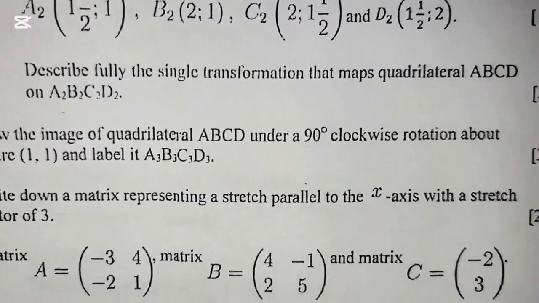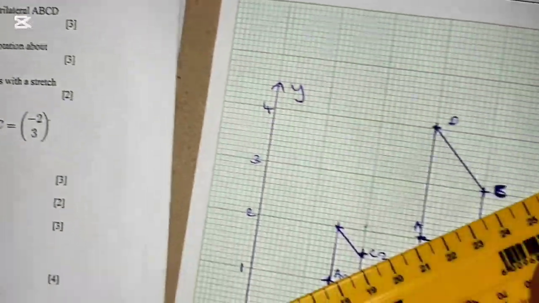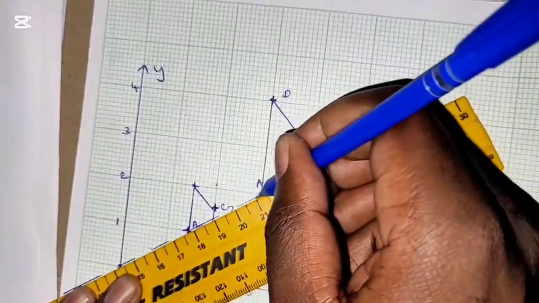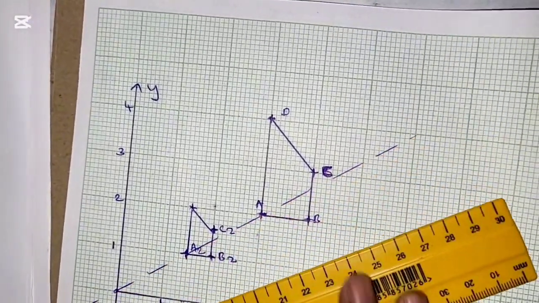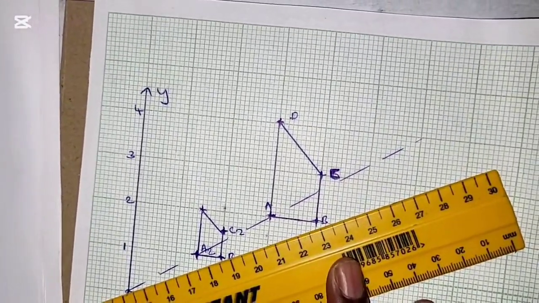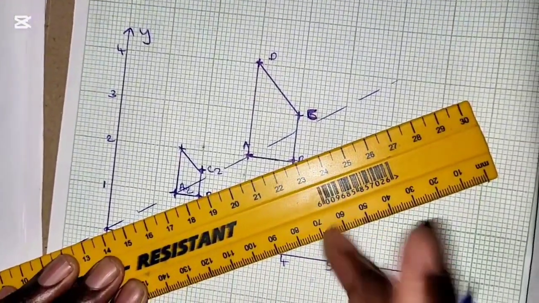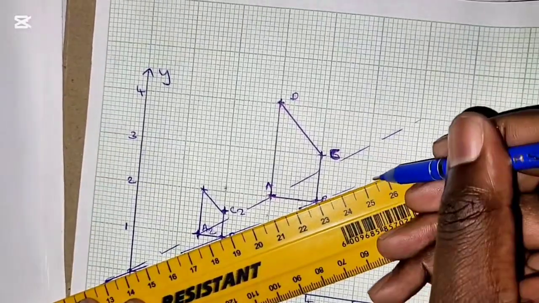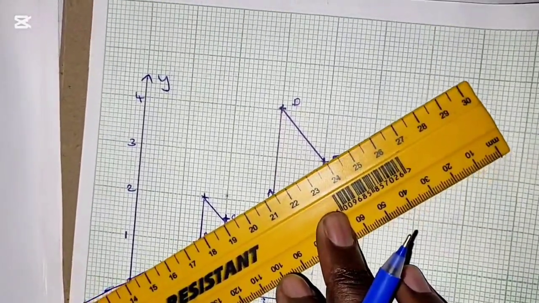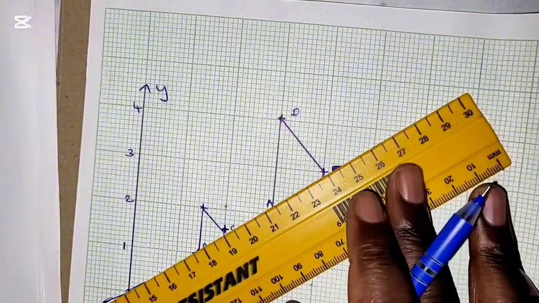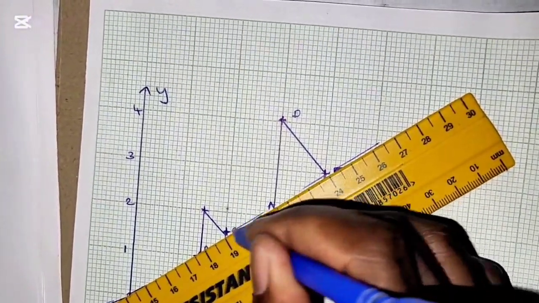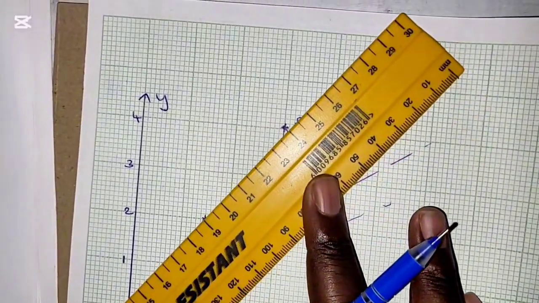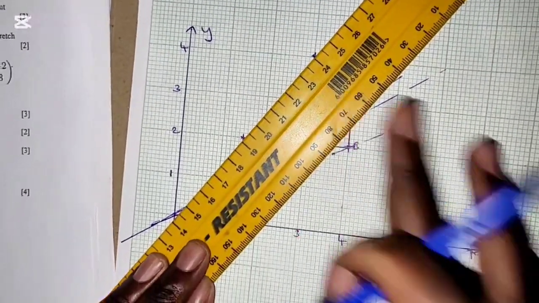So the first thing is to join our corresponding points. You should join these corresponding points, guys, and draw these lines. So I'm joining B and B2, and C and C2, then D and D2.